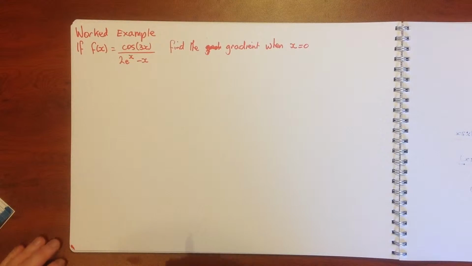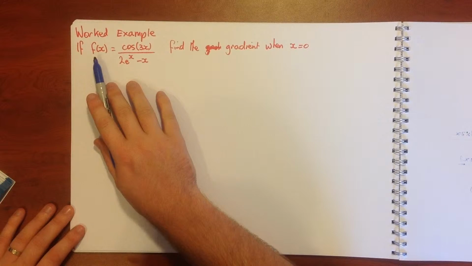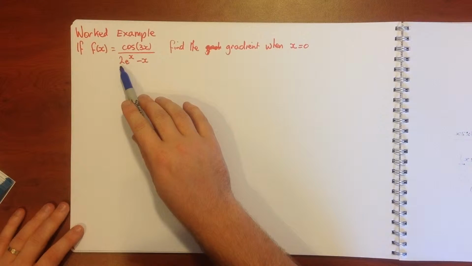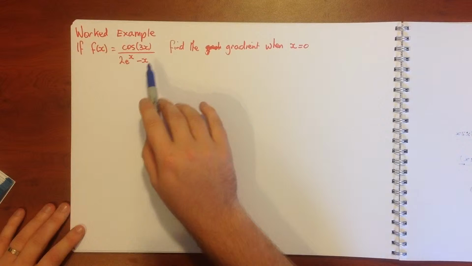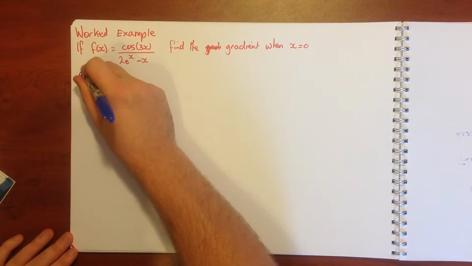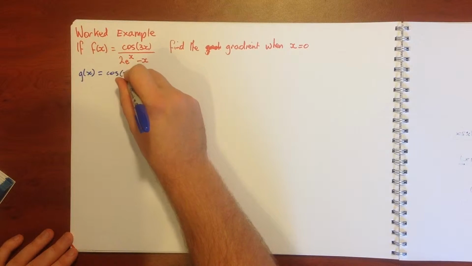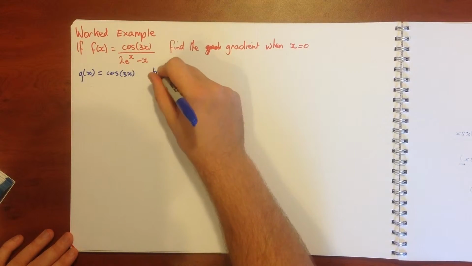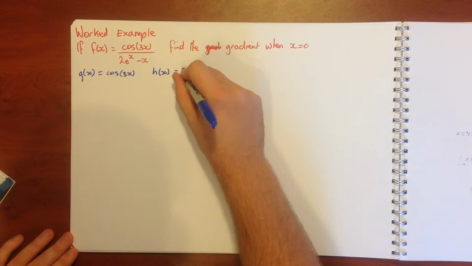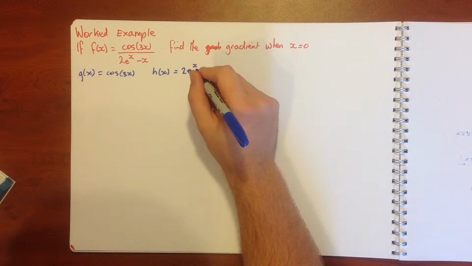This time we have our function f of x equals cos of 3x over 2e to the x minus x, and we want to find the gradient when x equals 0. So again, g of x equals cos of 3x, h of x equals 2e to the x minus x.